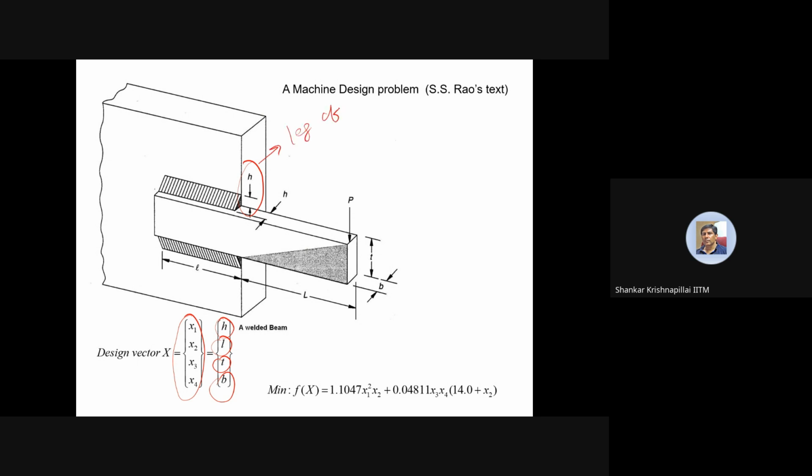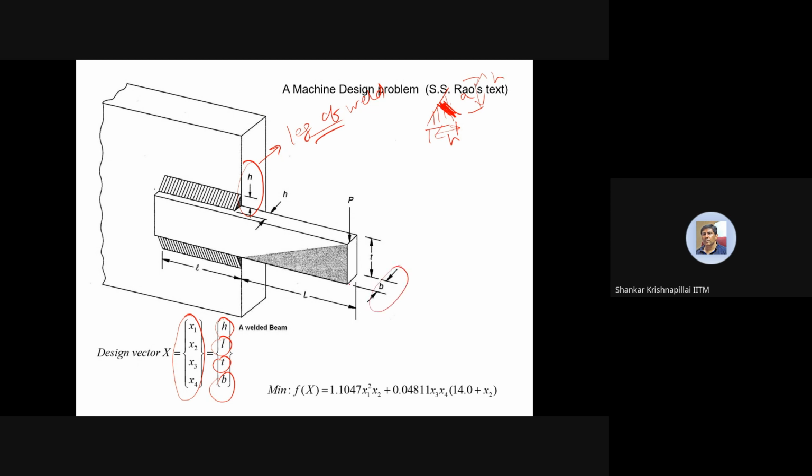Because I am teaching machine design, I know these terms. Leg and throat, two types of things are there. Suppose this is a weld. This is called the throat. The diagonal distance is called throat and represented by A, and these two are legs.